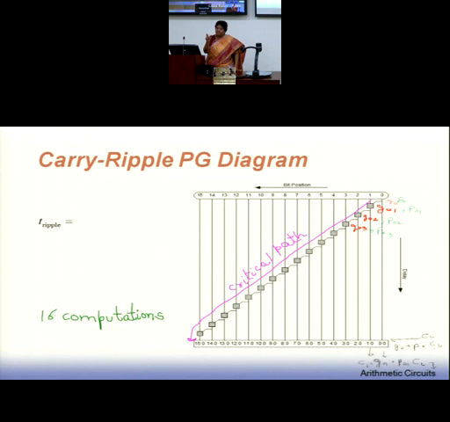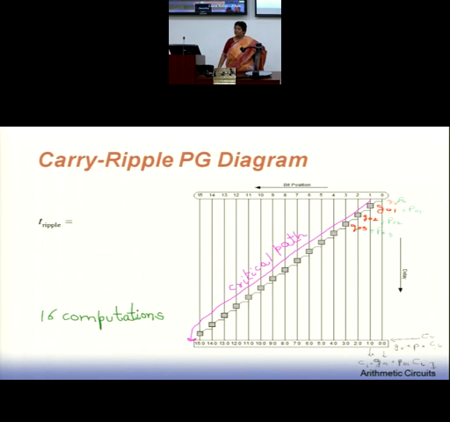Once these block generate functions and block propagates are available to me, just mix it with Ci and get your C1 or C2 or C3 or C4. Are you getting me? I need not wait for the carry, because everything is in reference to Ci.